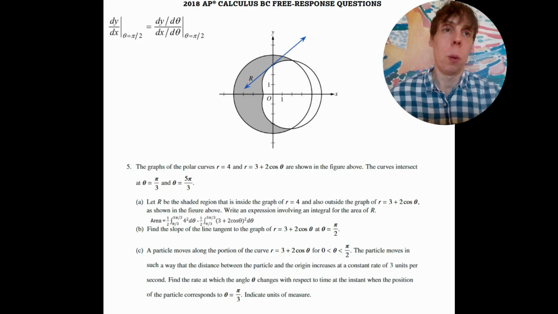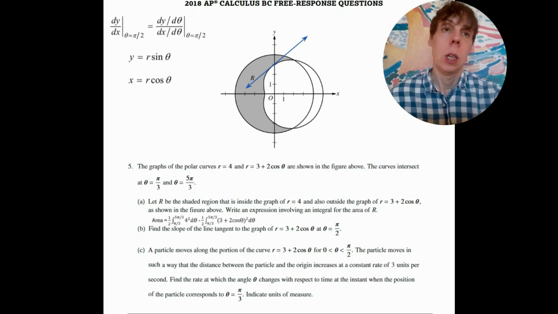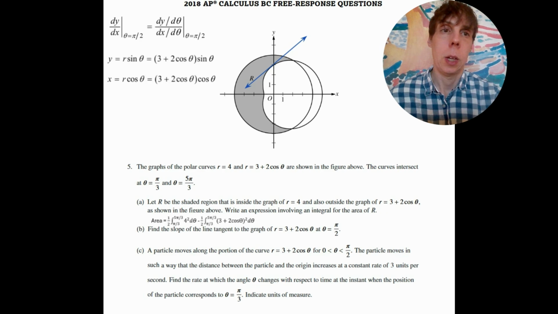We also need two formulas to convert the polar equation into rectangular coordinates of x and y, which we also have here. Then we can plug 3 plus 2 cosine theta in for r into the rectangular coordinate equations, as we have here.